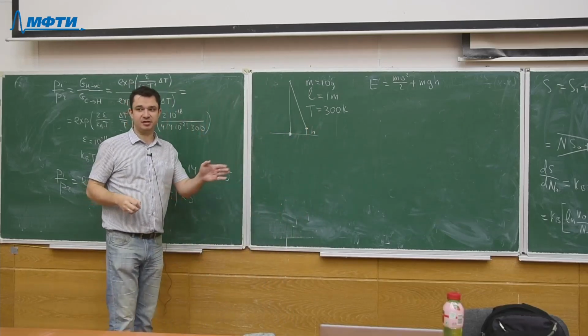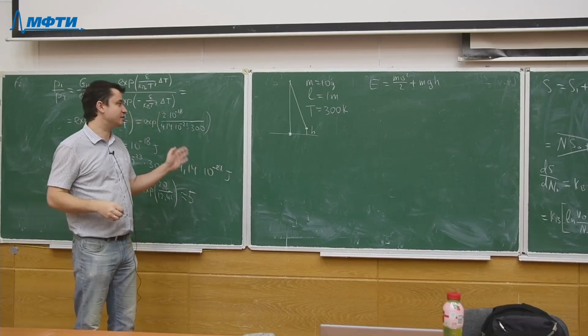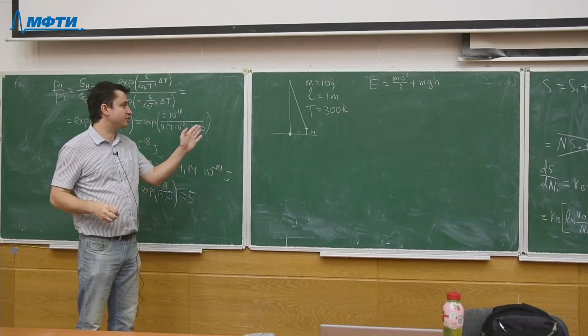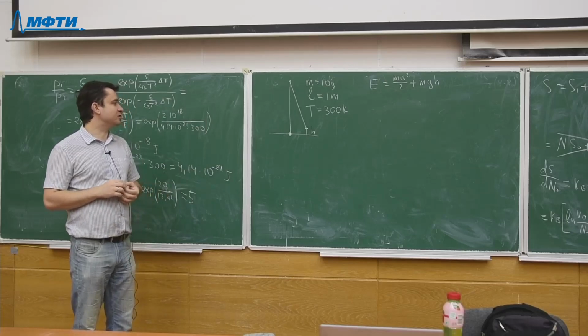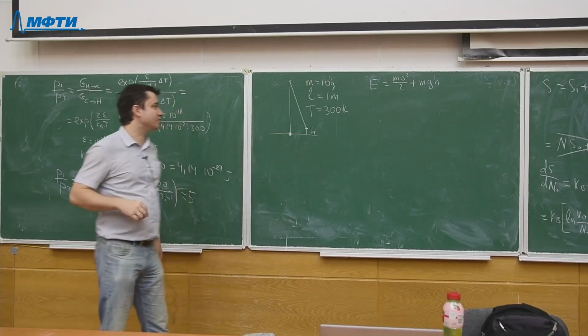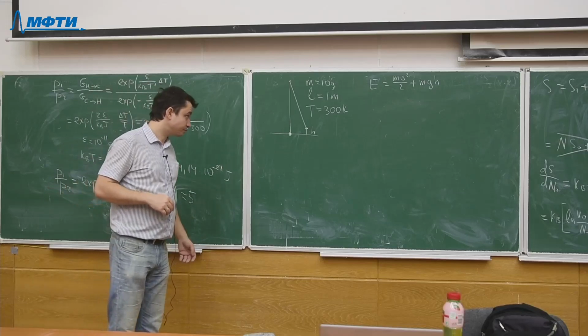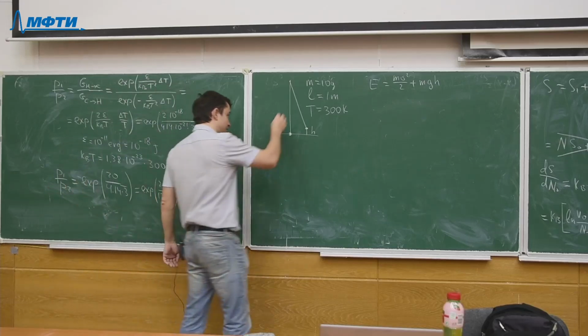As the position deviates to the side from the equilibrium position, there would be some height accumulated in this process, and we can calculate this h.